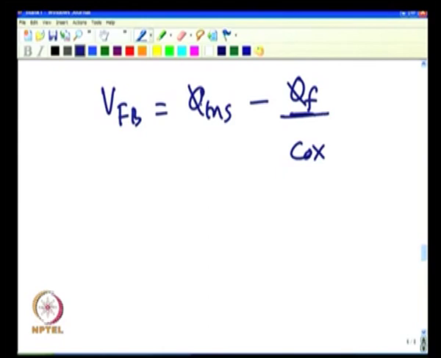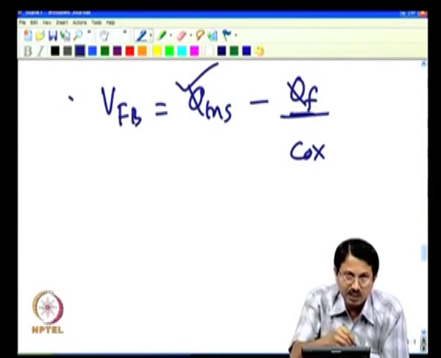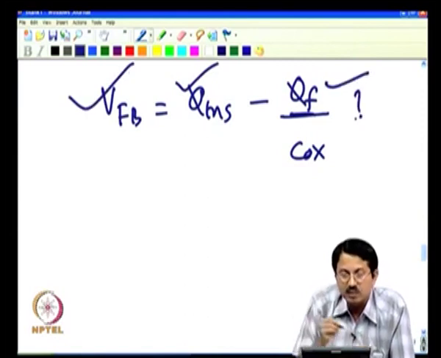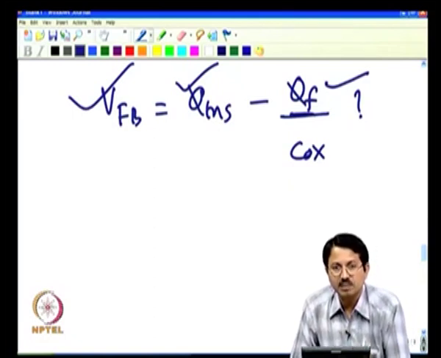Phi ms presumably you know, because you know phi s, since you have obtained doping concentration in silicon, it is easy to find out phi s now. Phi m presumably you know what metal you have put on the gate, and you can take the metal work function as phi m. Phi ms is known, VFB is known already from the graph, and I can calculate what is Qf. So, Qf can be easily computed using this.